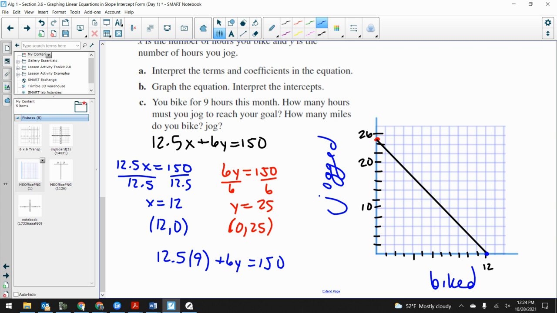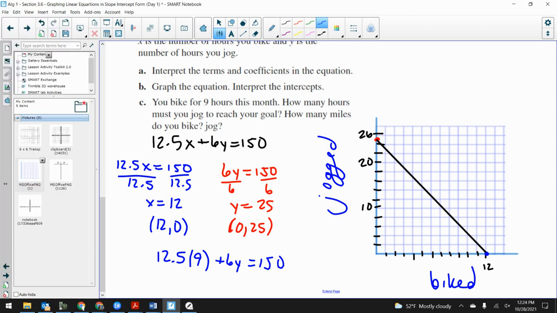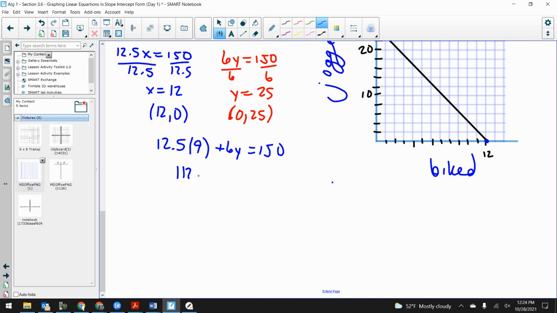All right, so all I have to do is solve that equation. 12.5 times 9 gets us 112.5. 112.5 plus 6y is equal to 150.